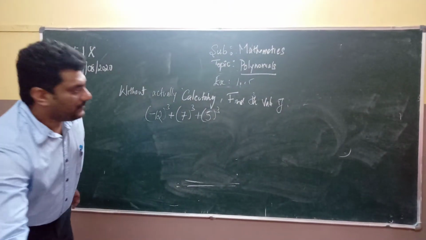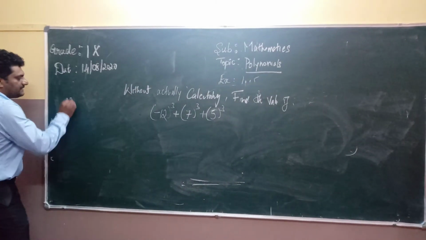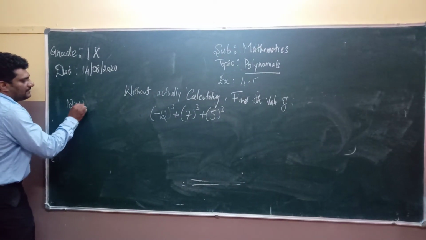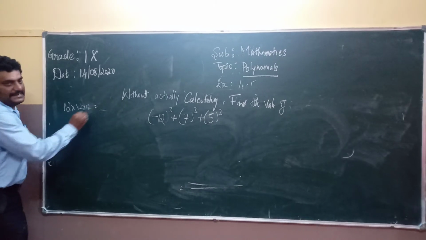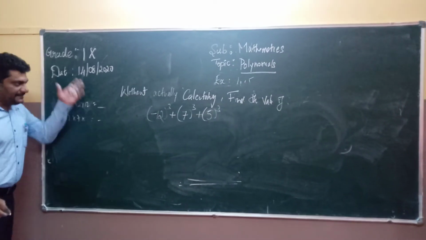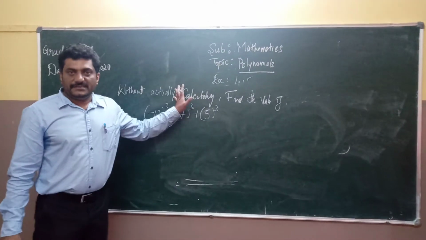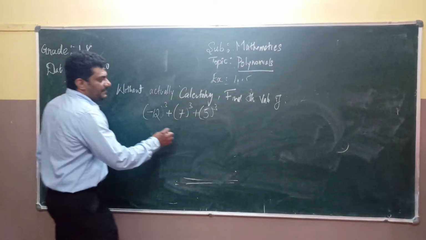What they are asking here is, without calculating, that means without using 12 into 12 into 12 to get an answer, next 7 into 7 into 7 to get an answer, and then adding. We are not doing something like this. We are using the identity. That is the 8th identity.